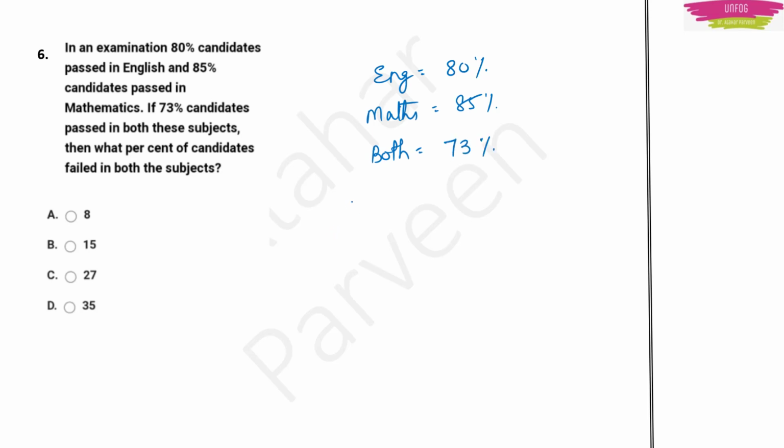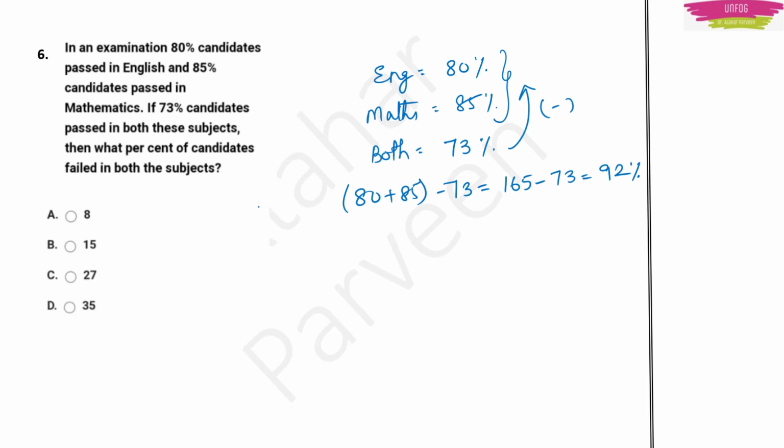Correct. Now if you want to find the number of students passed in at least one subject, what you will do? You will add these both and you will subtract from this. It will be 80 plus 85 minus 73. It will be 165 minus 73, or 92%.